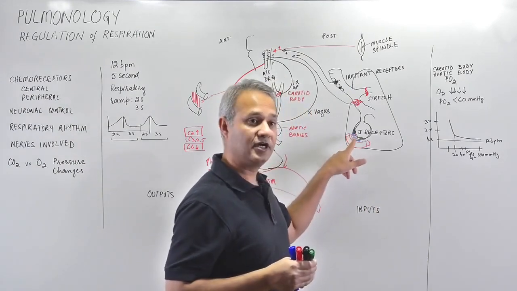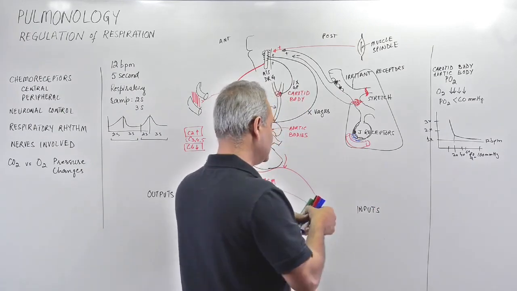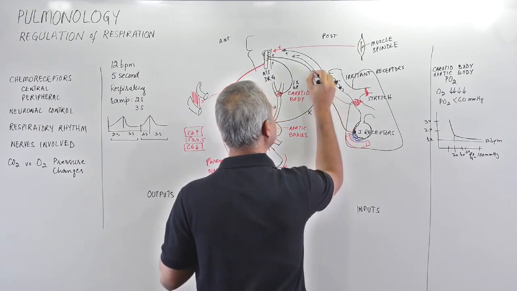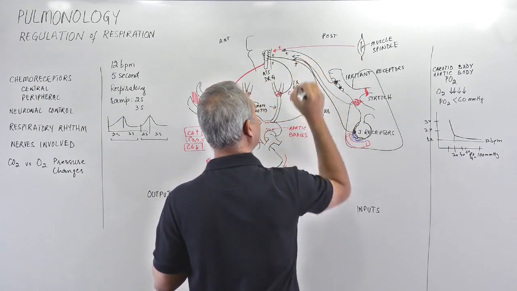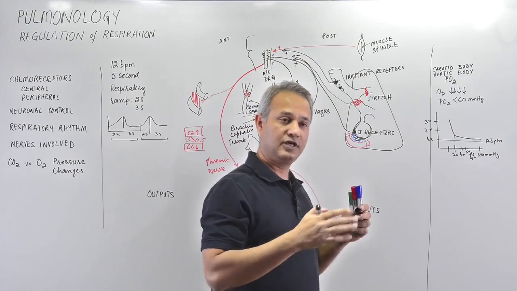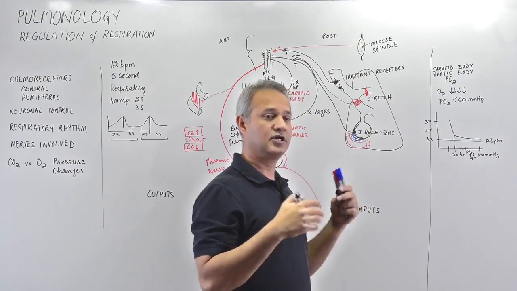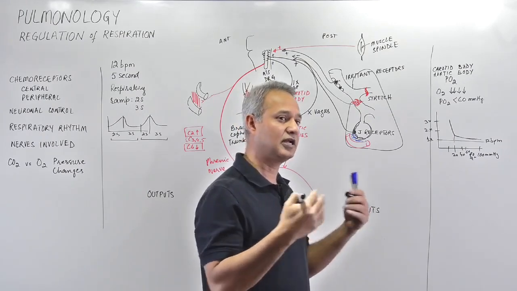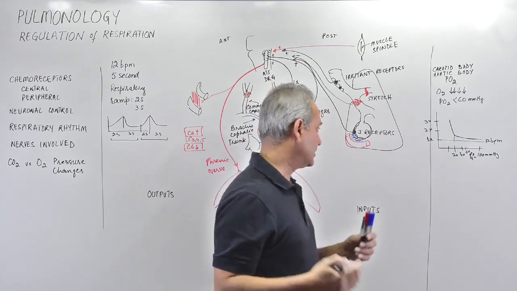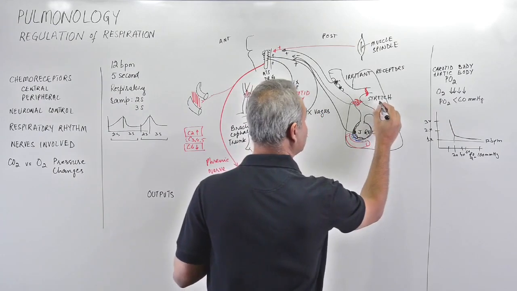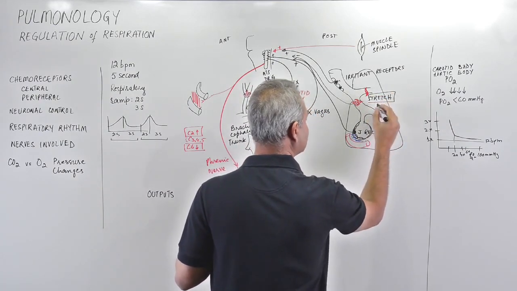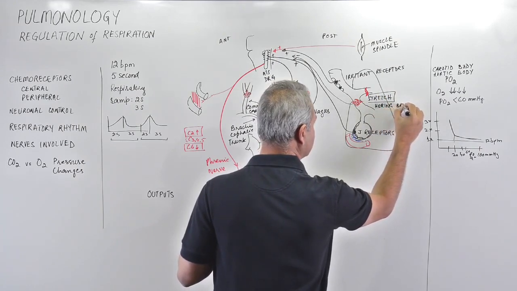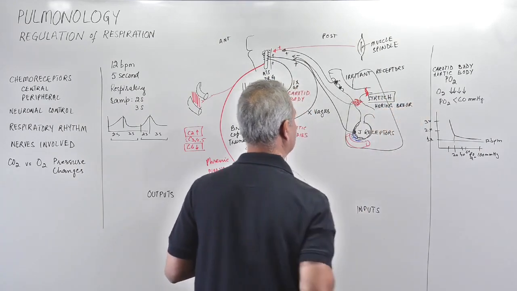That edematous fluid triggers the J receptors and J receptors then in turn send positive influence to the nucleus of tractus solitarius or the dorsal respiratory group and they increase the breathing. So breathing becomes shallow and high frequency like that. Now remember this stretch reflex is also called the Hering-Breuer reflex, after the two scientists.